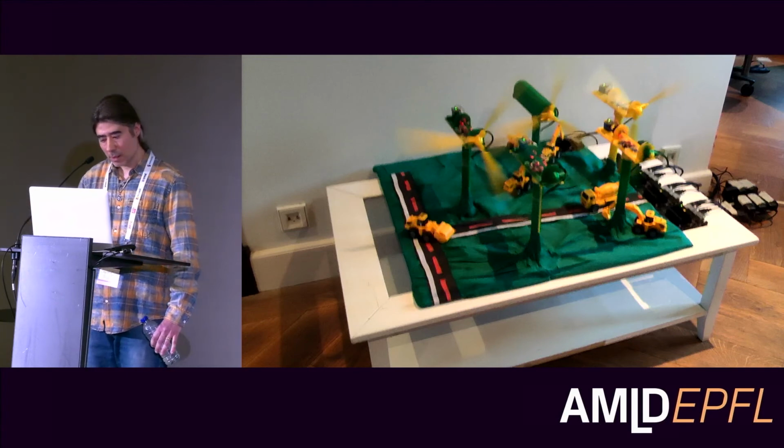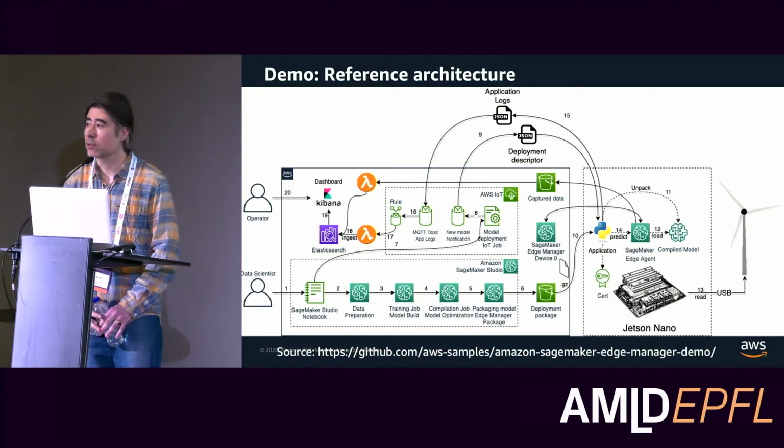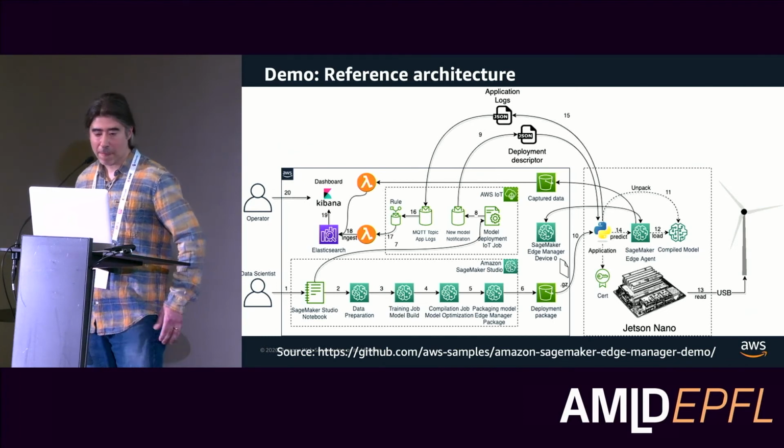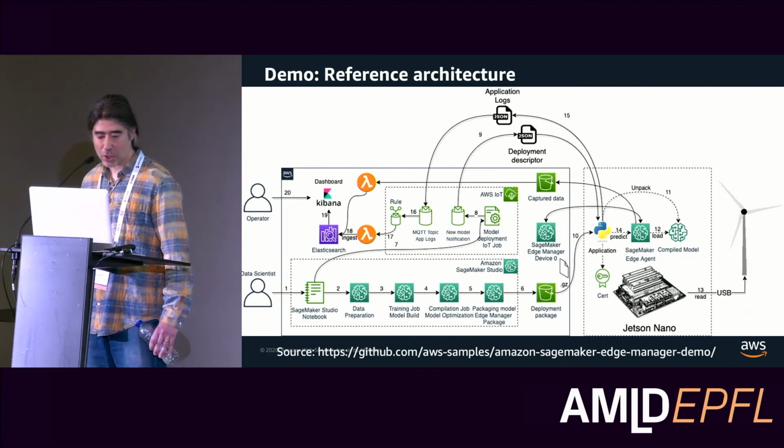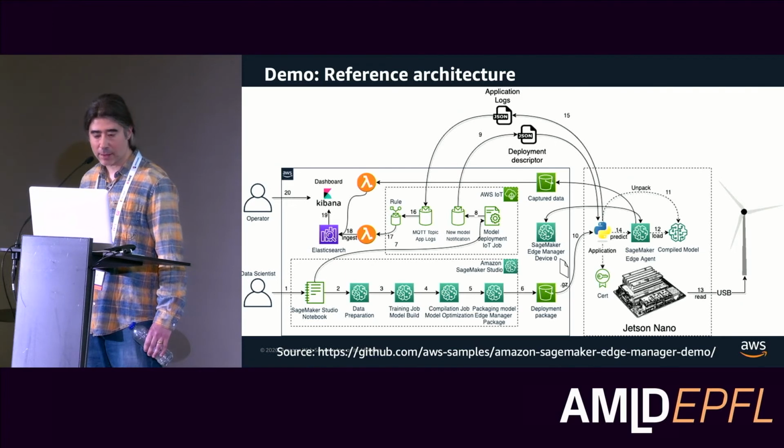And then this is the reference architecture of this POC. At the bottom, you can see the machine learning pipeline, also automated by SageMaker, for the model training and the model compilation. In this case, Neo is compiling the model, or optimizing the model, for Jetson Nano.